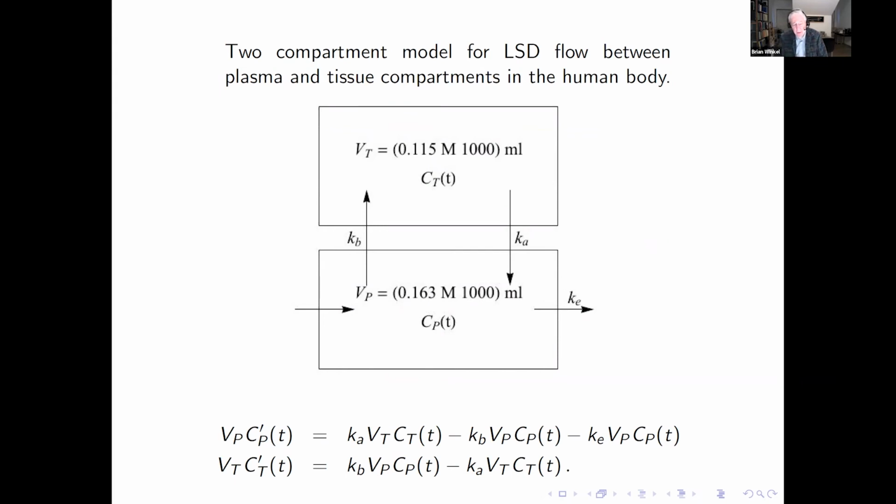There's more than you need to know here for this short conversation. But basically, we infuse into the plasma, that is the bloodstream, a certain amount of this through a plug infusion. And through that same portal, we can sample the bloodstream and later analyze the concentrations. What we're really interested in is how much of this stuff is in the tissue.